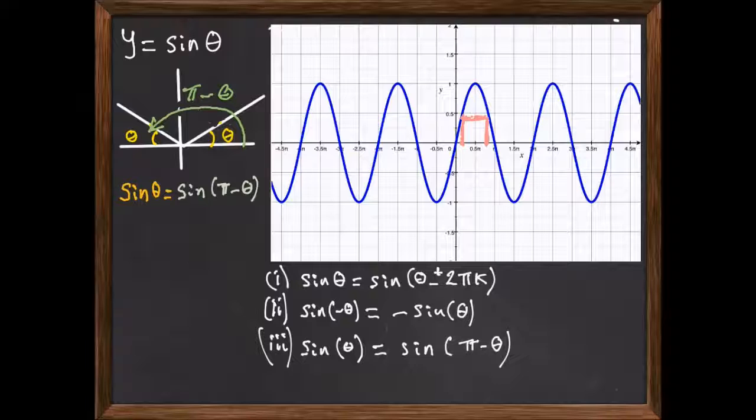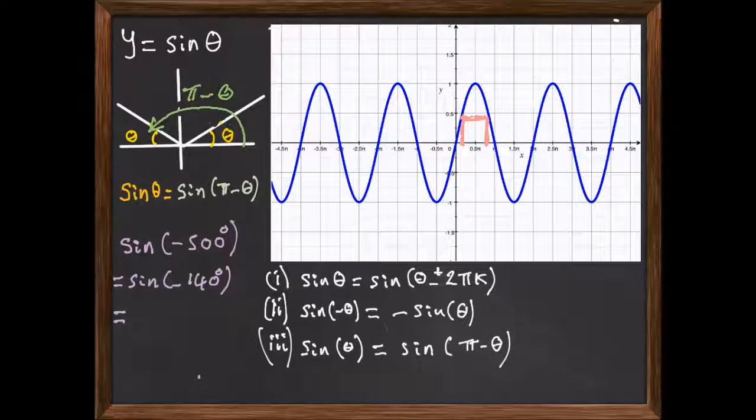We should now be able to evaluate the sine of any angle, or at least express the sine of any angle in terms of the sine of an acute positive or negative angle. Let's try the sine of minus 500 degrees. This is going to be equal to the sine of minus 140 degrees simply by adding 360.